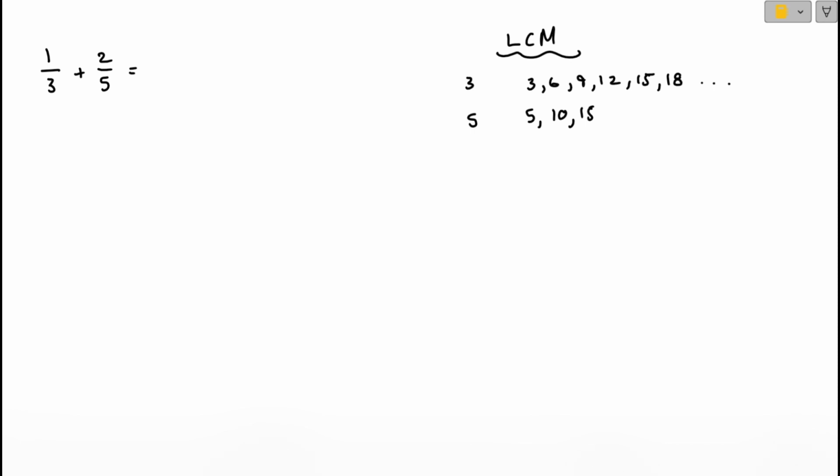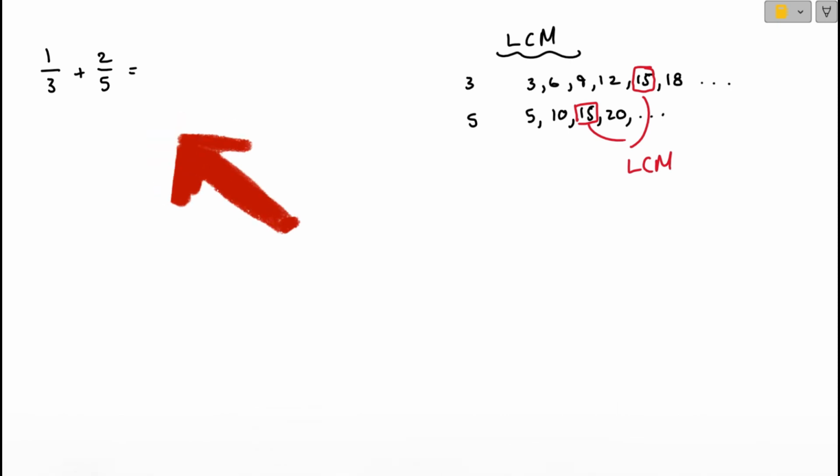We have 15, we have 20, and so on. So in this case over here, since they both share the value of 15, 15 will be my lowest common multiple.